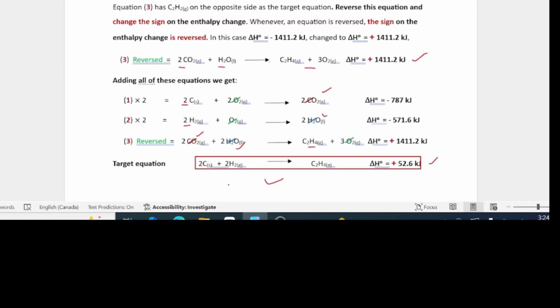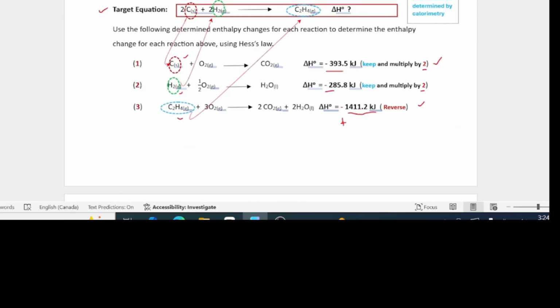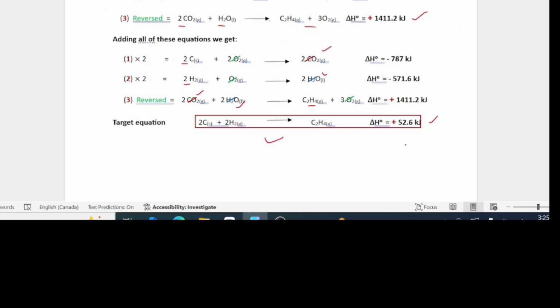So you can see now that the elements and compounds that are present in the equation that's produced here are exactly what we had in the target equation. So this is an example of a problem that illustrates to us how Hess's law can be used to calculate the standard enthalpy change for a reaction such as this one here that cannot be done using calorimetry.